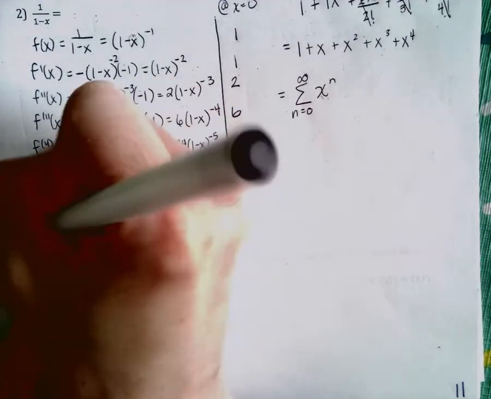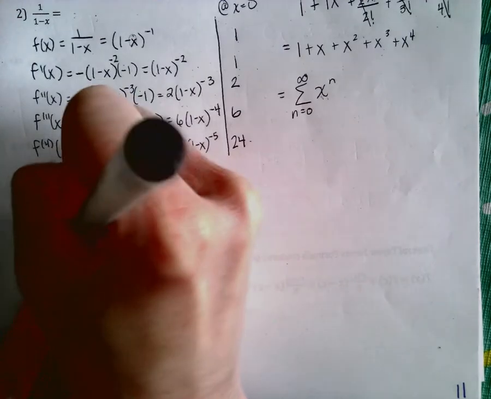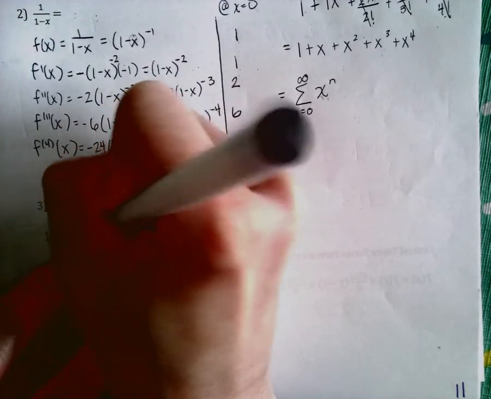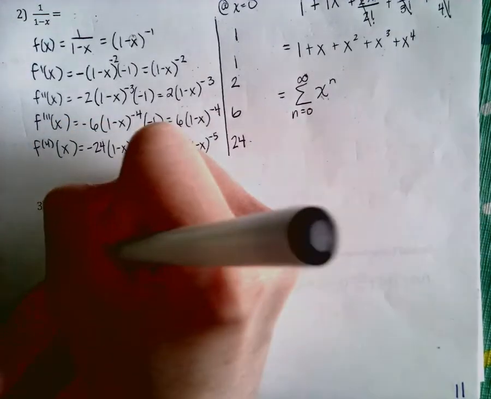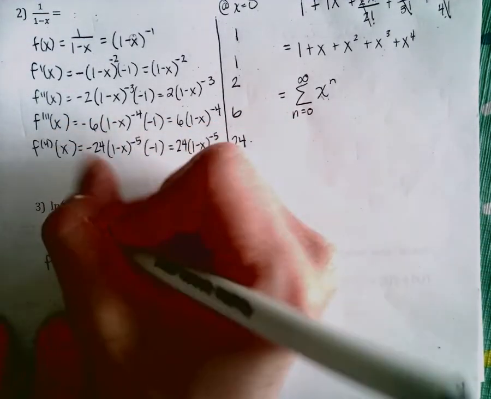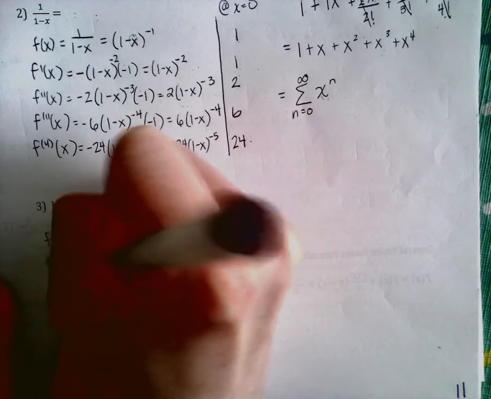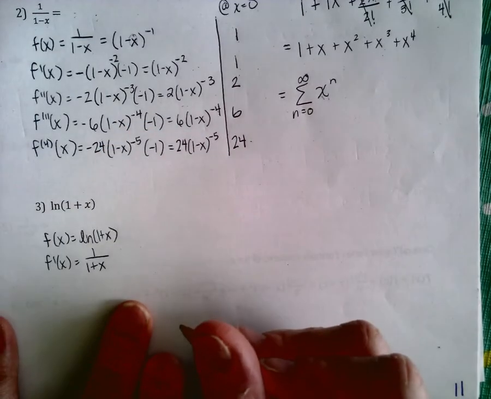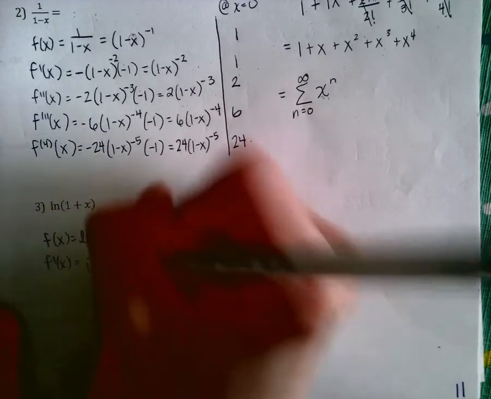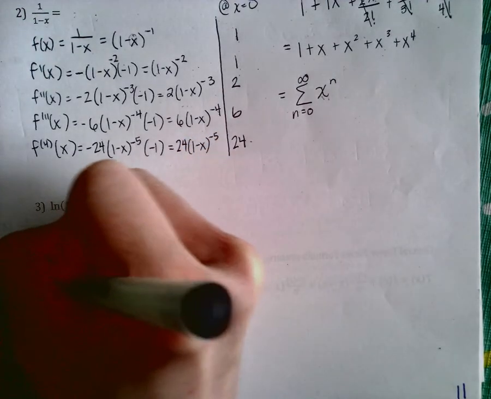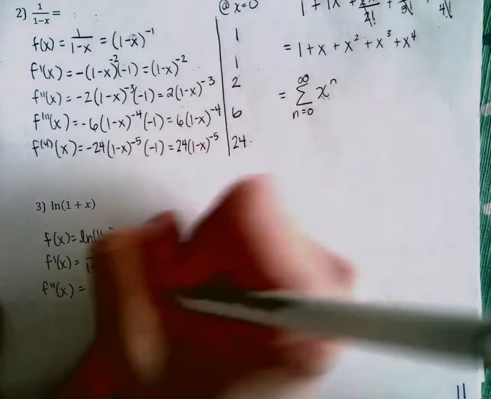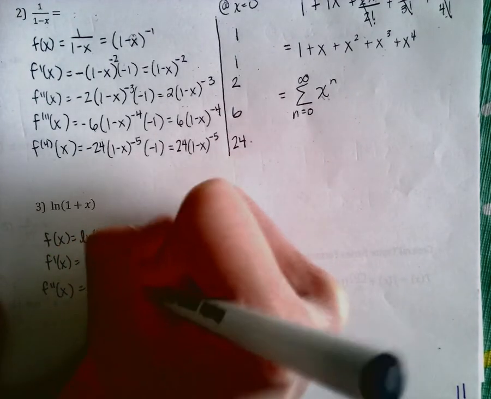So we have f is the natural log of 1 plus x. F prime would be 1 over 1 plus x, right? That's the derivative of natural log. Okay, which is the same thing as 1 plus x to the negative 1. So f double prime would be negative 1 plus x to the negative 2.